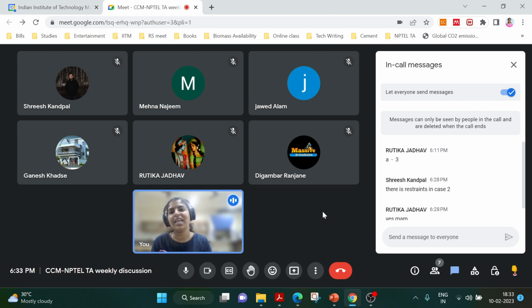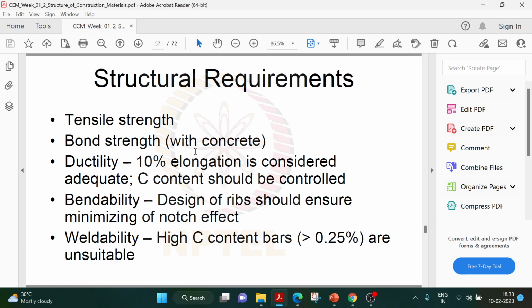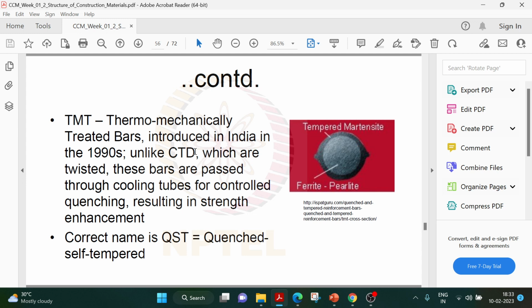If you say QST, I think quenched... I forgot the full form all of a sudden. Wait. Yes, quenched self-tempered rebars.